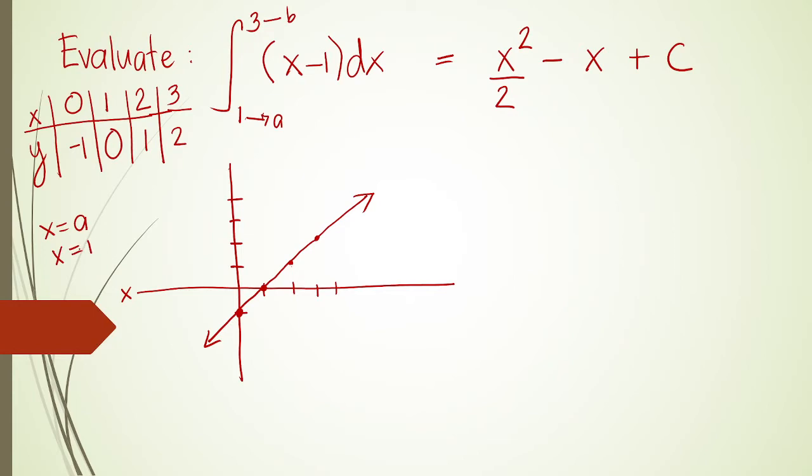How do you graph x equals 1? It's this line, right? If you will be graphing x equals b, which is x equals 3, it is this line. So the x-axis and the graph bound the area we are looking for.